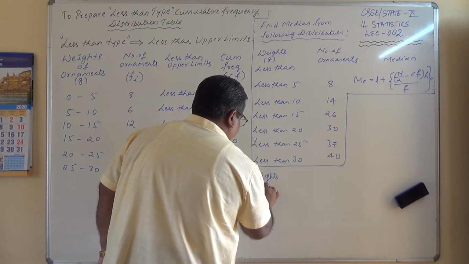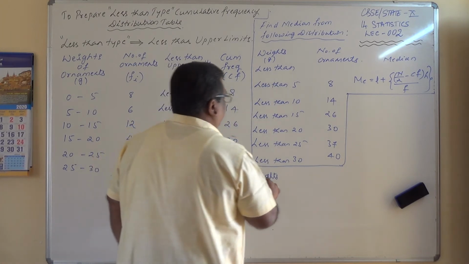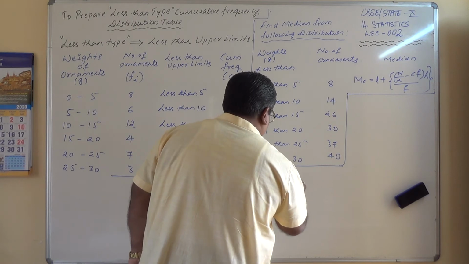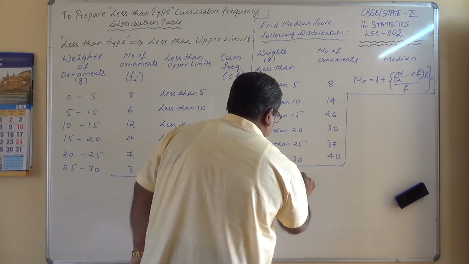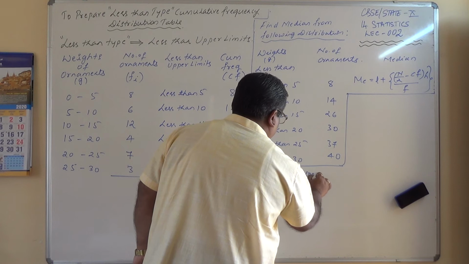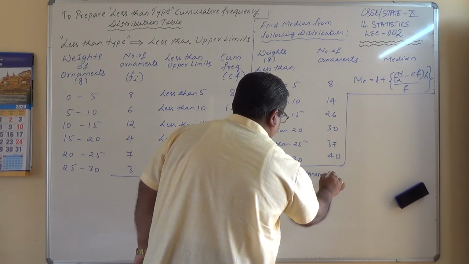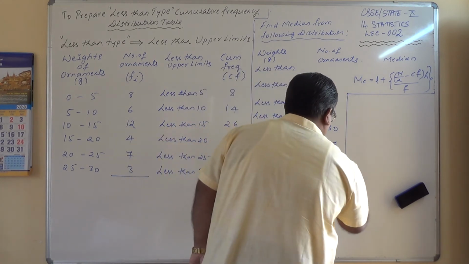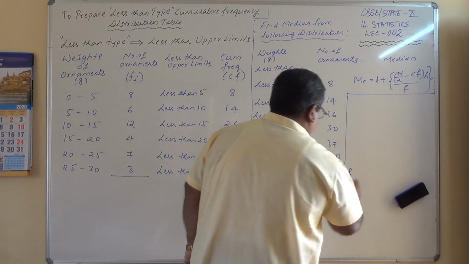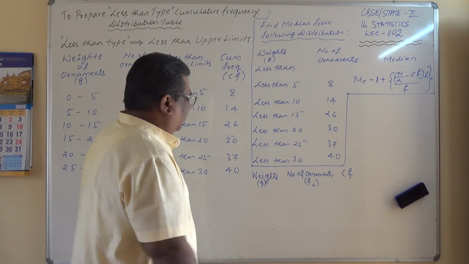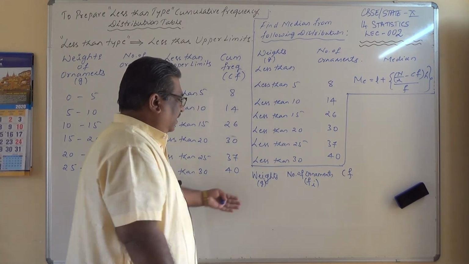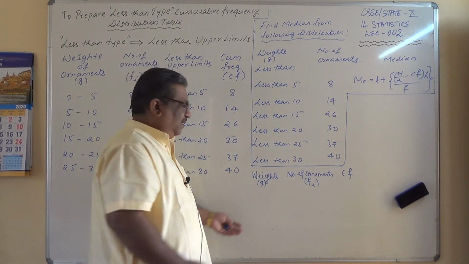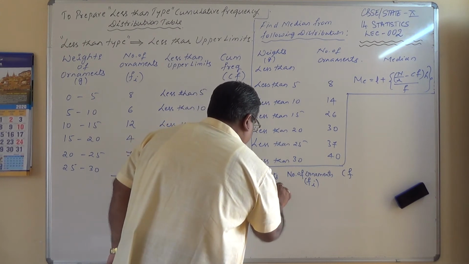Weights in grams, and then here number of ornaments, that is frequency I write, and finally cumulative frequency, CF. These are the three columns that are required. How to get the class intervals over here? These are nothing but class intervals, CI.